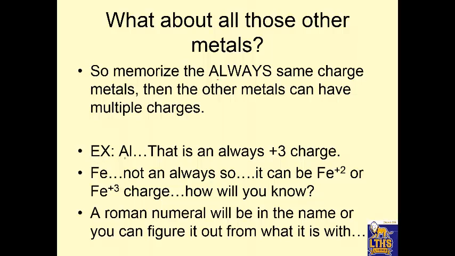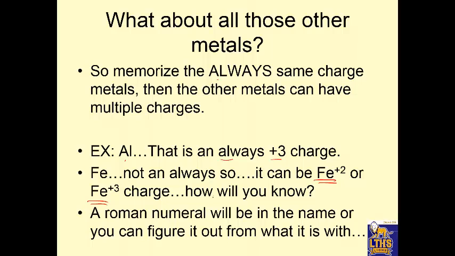So here's an example. Aluminum. Hey, we just memorized that aluminum is an always metal. It always forms a +3 charge. Iron. Wait a second. Iron's not group 1, 2, aluminum, zinc, or silver, so it's not an always metal. It can be an iron +2 or an iron +3.